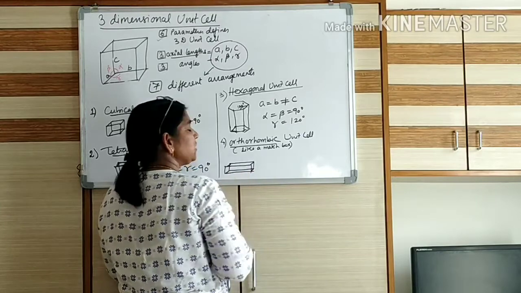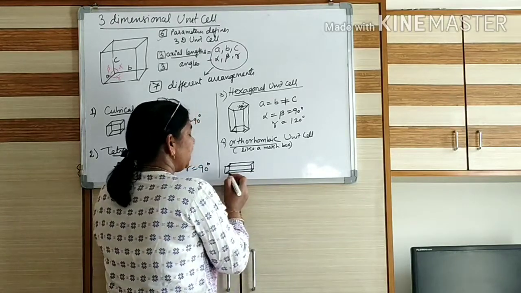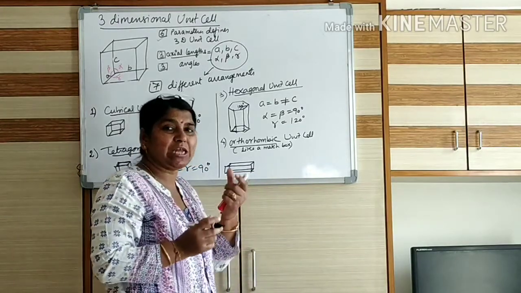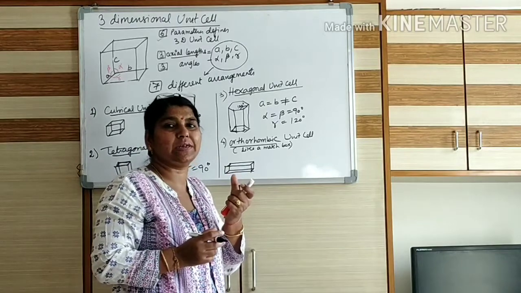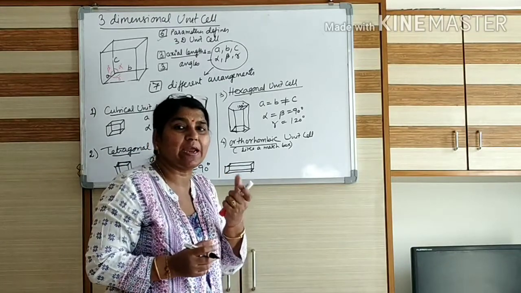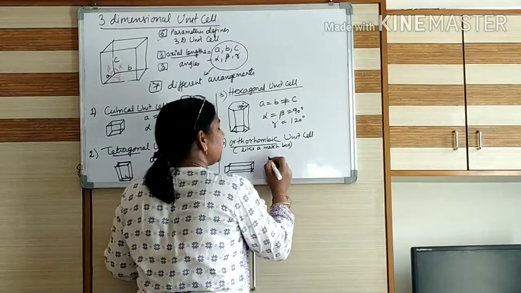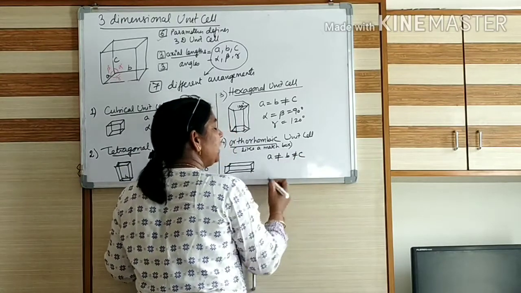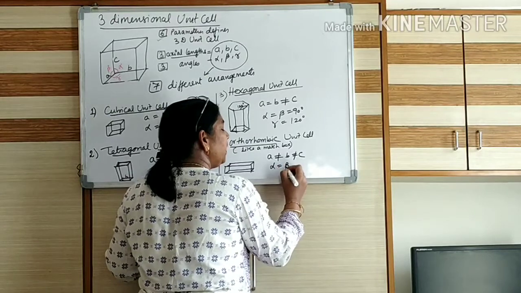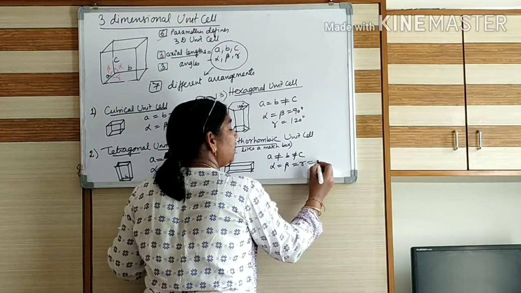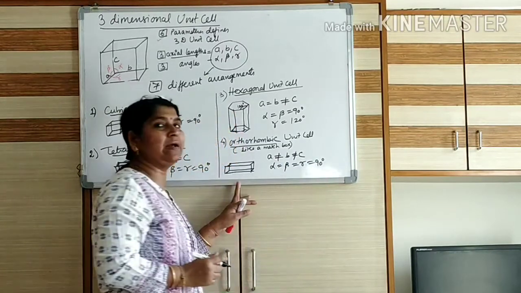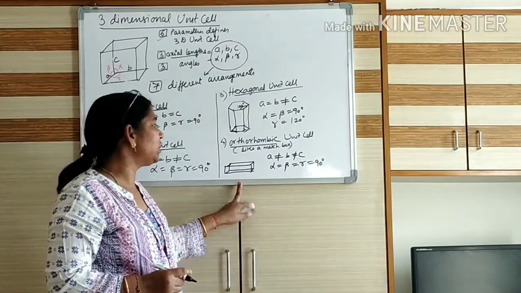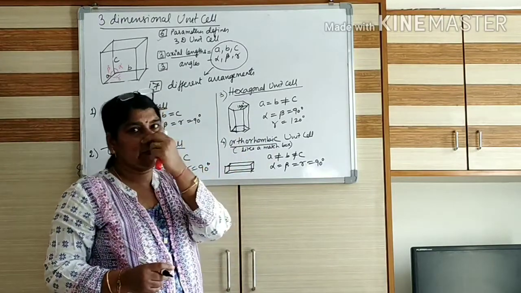Have a look at this matchbox, which you might have experienced in your daily life. In it, length, breadth, and height are all different. So here A does not equal B, B does not equal C, but alpha equals beta equals gamma equals 90. All angles remain 90 degrees. That is called the orthorhombic unit cell.